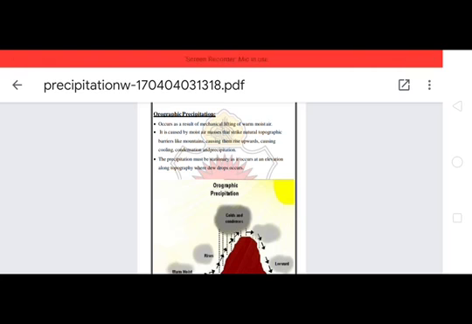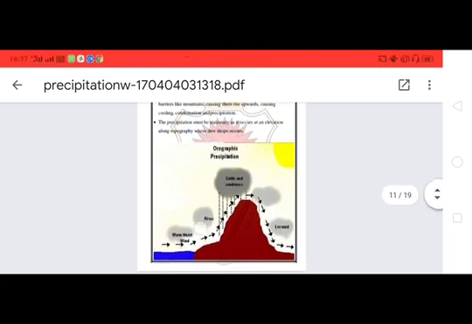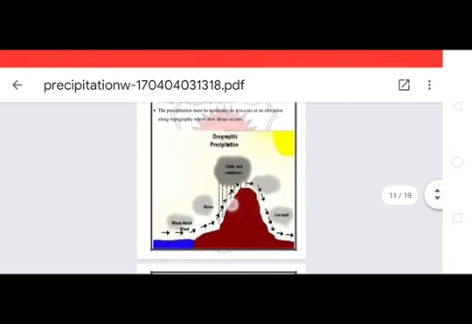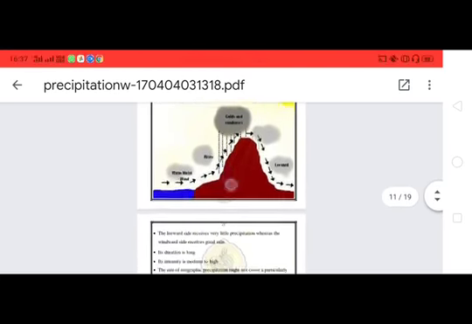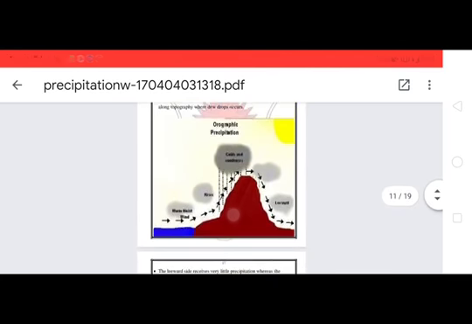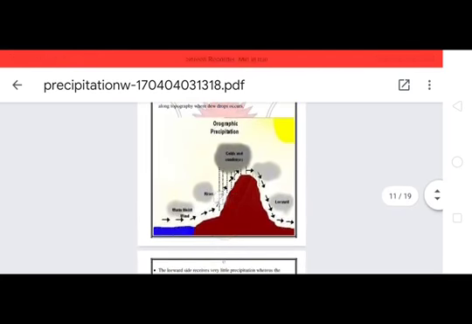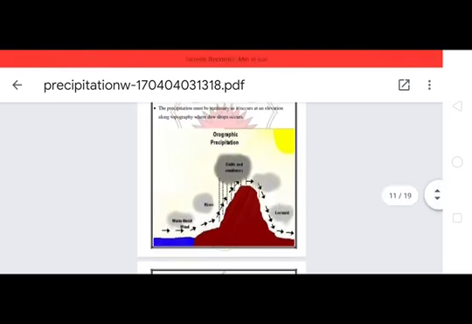This area is the windward direction, as the warm air is going towards the hill. This is the windward direction, and this is the leeward direction. On the leeward side, the air is coming downward.